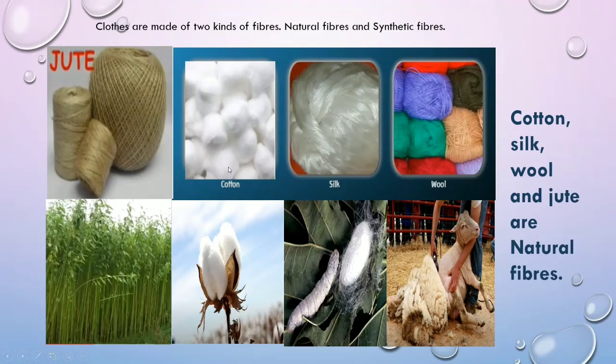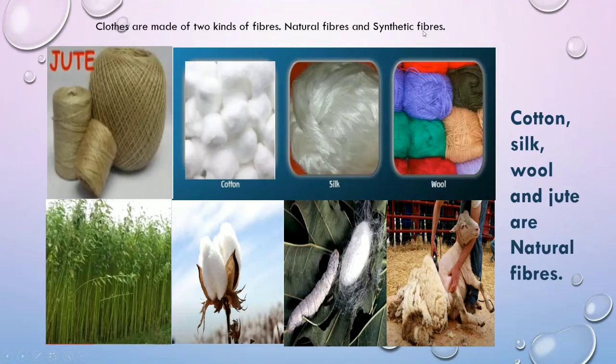Jute, cotton, silk, wool are natural fibers. Jute is got from jute plant, cotton from cotton plant, silk from silkworm, wool from the sheep. Jute and cotton are got from the plants. Silk and wool are got from animals. These are all natural fibers.